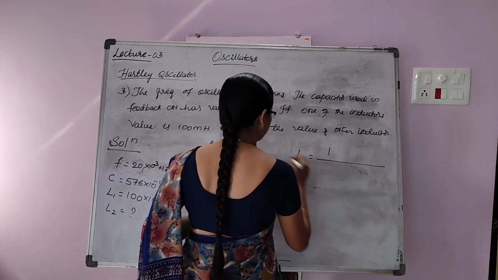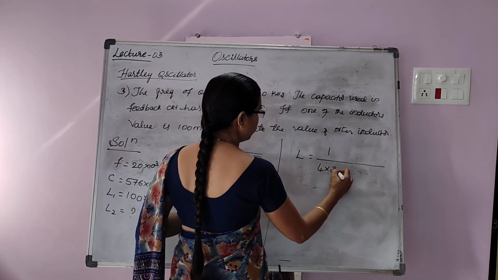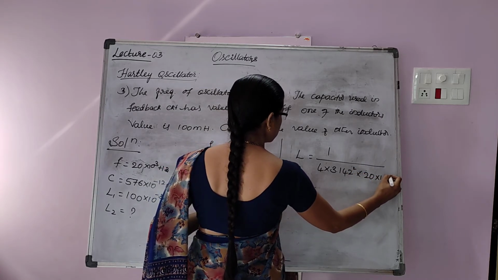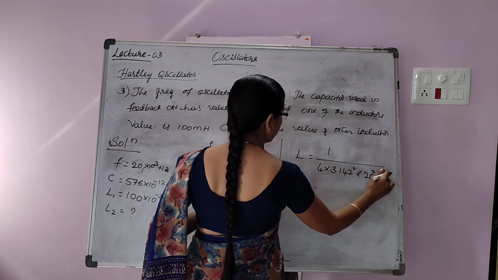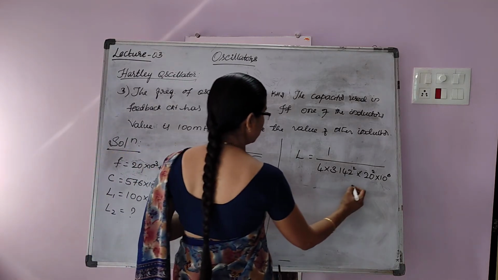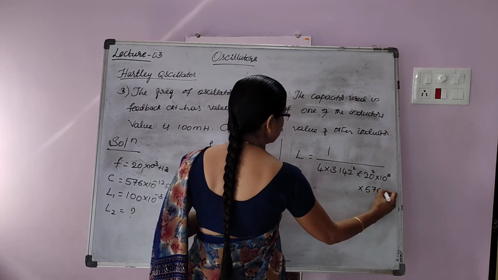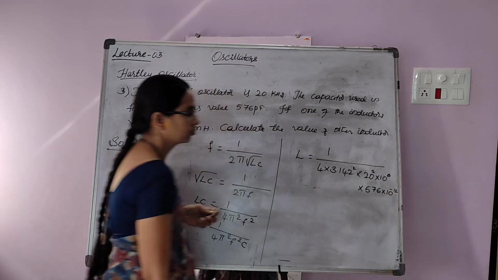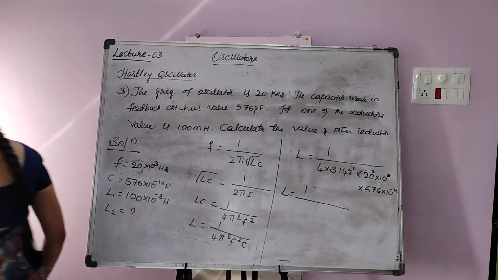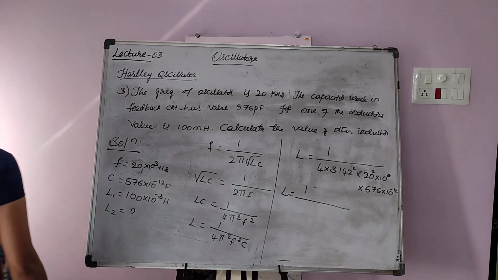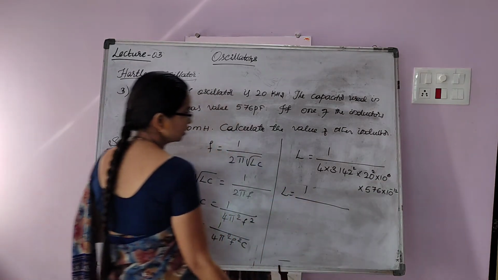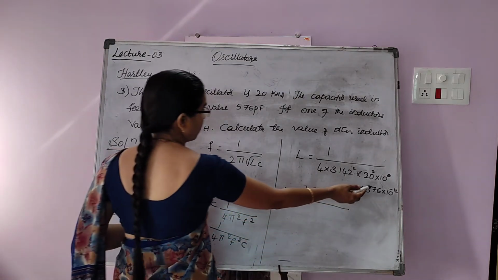L is equal to 1 by 4 into 3.142 square into 20 into 10 to the power of 3 square, that is 10 to the power of 6, into C value 576 into 10 to the power of minus 12. If you calculate this, 10 to the power of minus 12 and 10 to the power of 6, 10 to the power of minus 6 will remain.